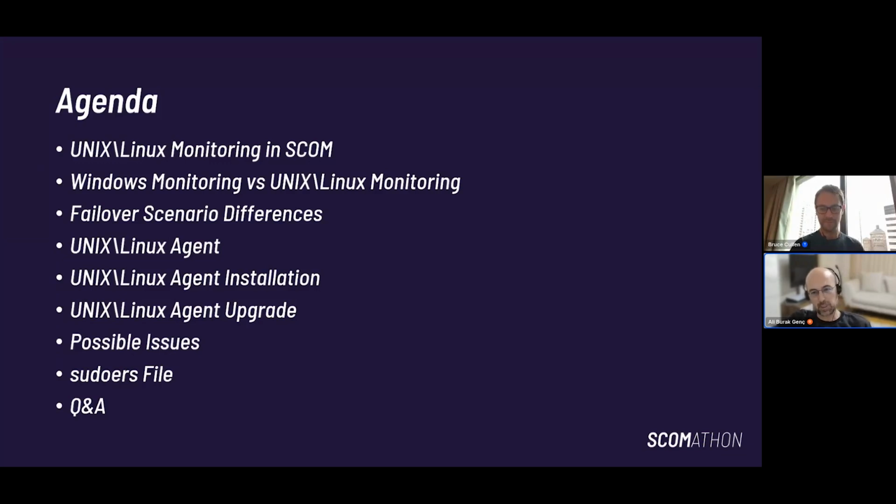So let's get to the subject and the agenda. Although the subject is announced as failed updates, as Bruce has stated, we thought that it would be good to touch on Unix and Linux monitoring in general, which was not talked about previously in the coffee break sessions, as far as I know. We'll start with what Linux and Unix monitoring in SCOM is, what the differences are between Windows and Unix and Linux monitoring, and talk about some failure scenarios as well, which I believe is crucial because they differ from the Windows part.